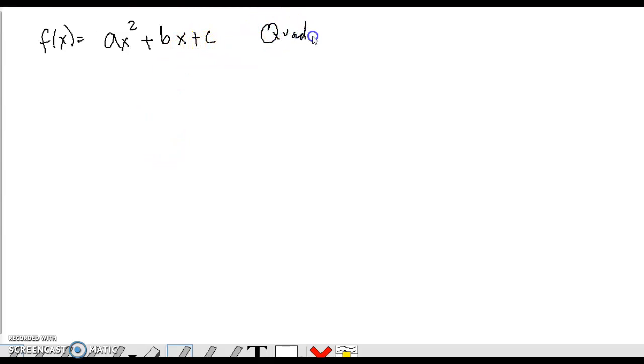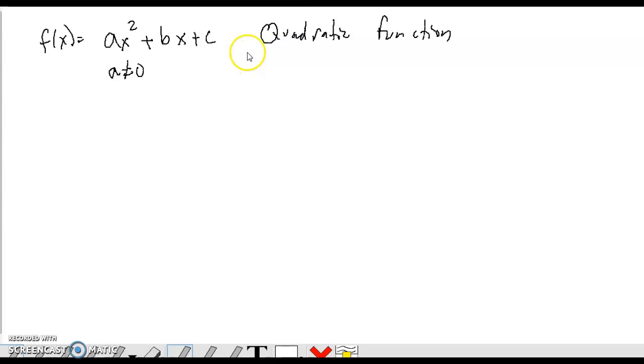This is known as your quadratic function. Again, the highest degree is a power of 2. Your a cannot equal 0, because if a equals 0, then that term would go away, and you'd just be left with bx plus c, which would be a linear function. Okay, so this is your quadratic function.